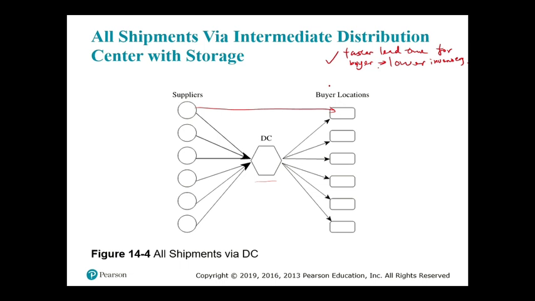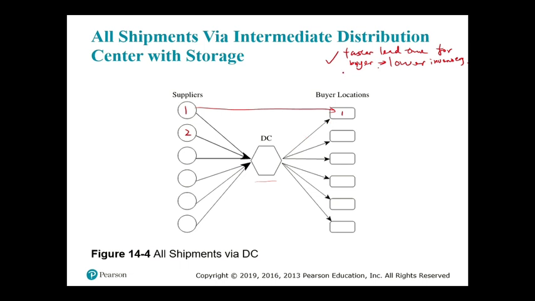Okay. Another benefit is because of consolidation. Imagine I'm shipping product 1 from supplier 1, product 2 from supplier 2, both of which are required by buyer 1. Then at DC, I can combine these two shipments to ship to buyer 1.